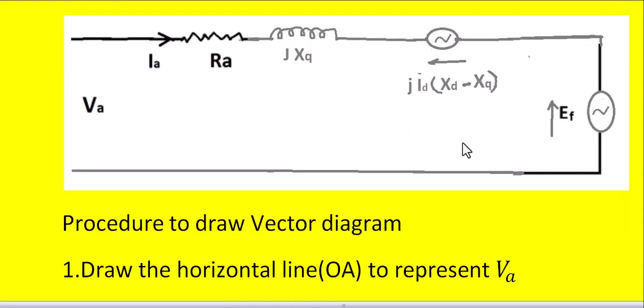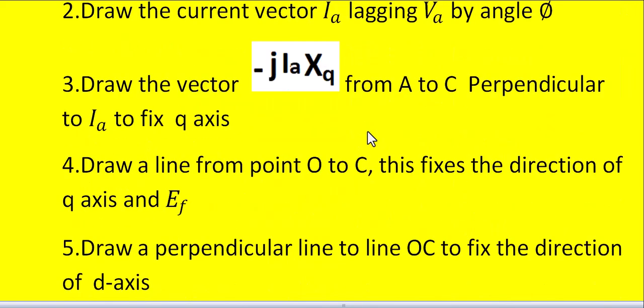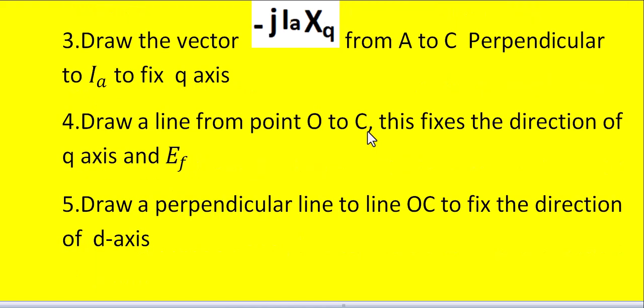Taking all this into account, the vector diagram is to be drawn, and from that some of the relations will be calculated mathematically, and then that will be used for calculating the torque.